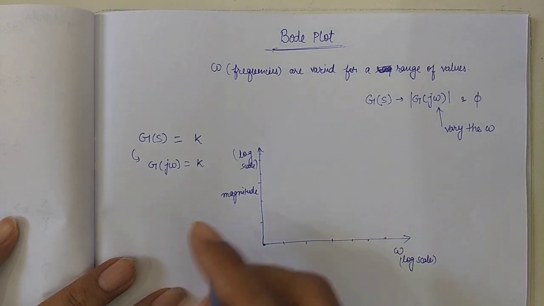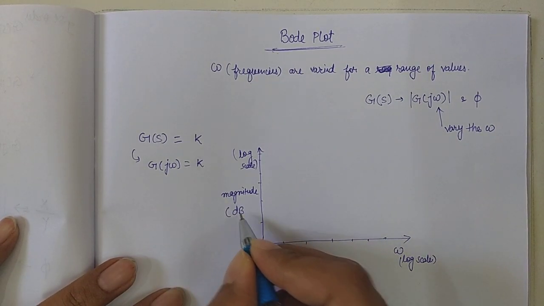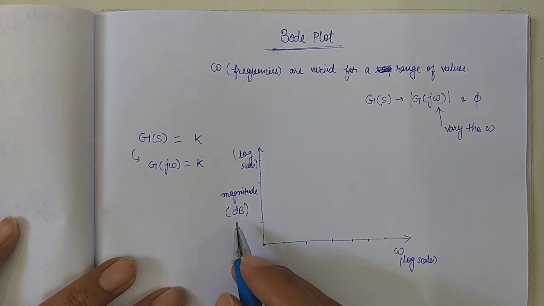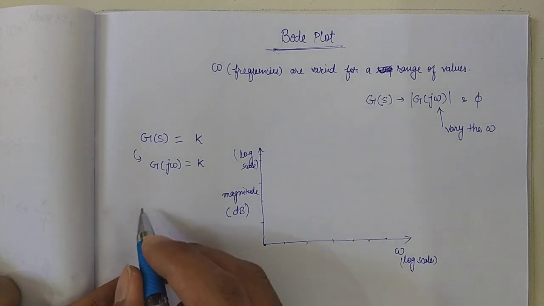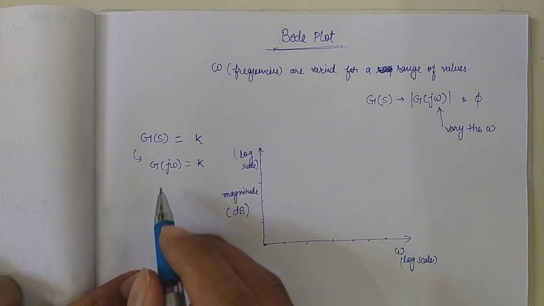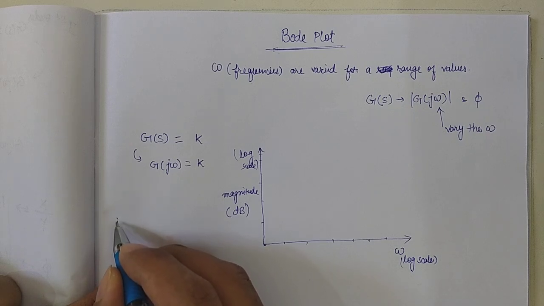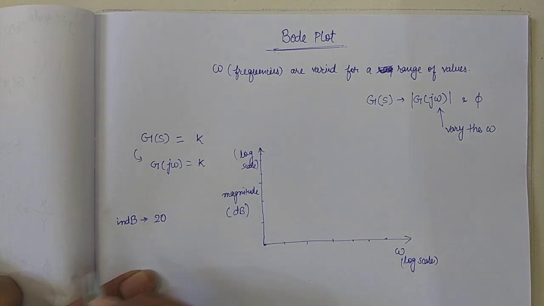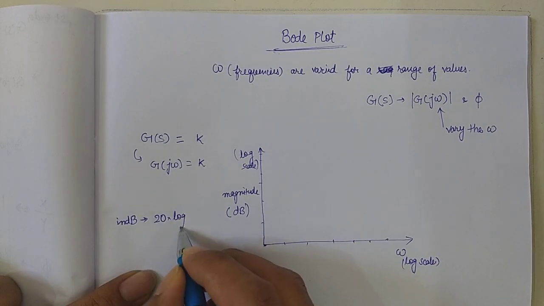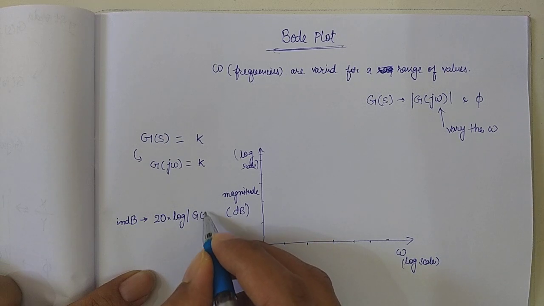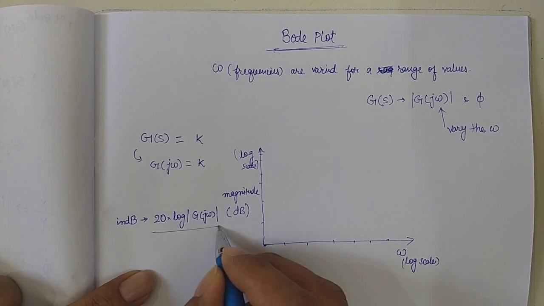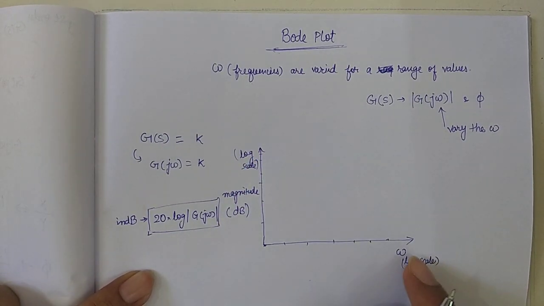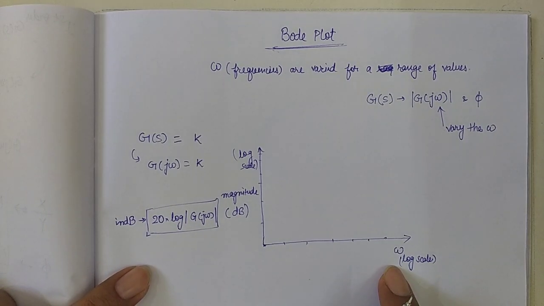Essentially this magnitude is in dB, and we are going to convert this magnitude to dB. There is a convention that whenever I want to write the magnitude in decibels, we multiply 20 into log of mod G j omega. This is our convention on the y-axis, with omega on the x-axis.